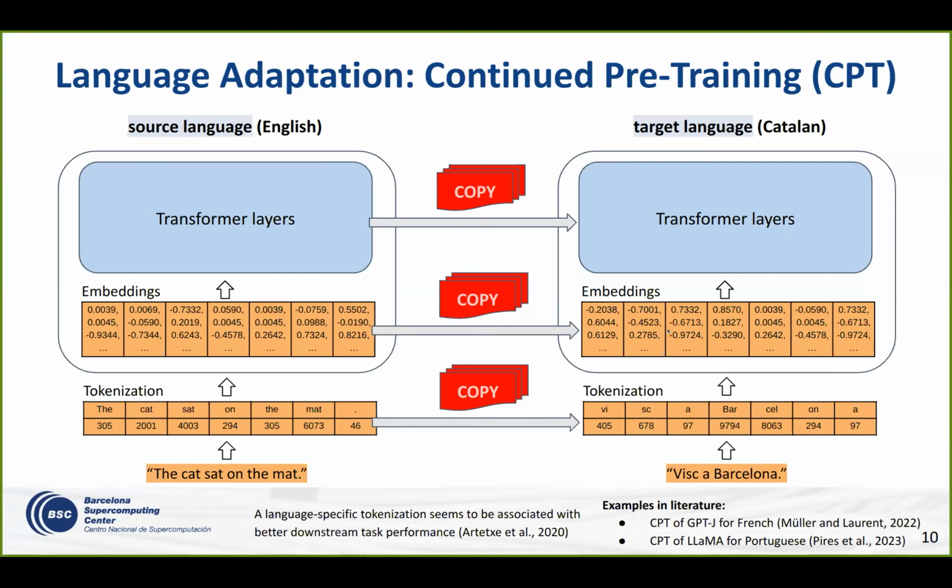And also the context window from the model will be filled earlier. Also, some research like, for instance, Arteche et al. seems to suggest that language-specific tokenization is related to a better downstream task performance.